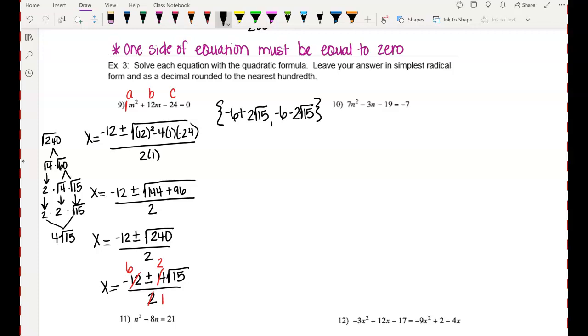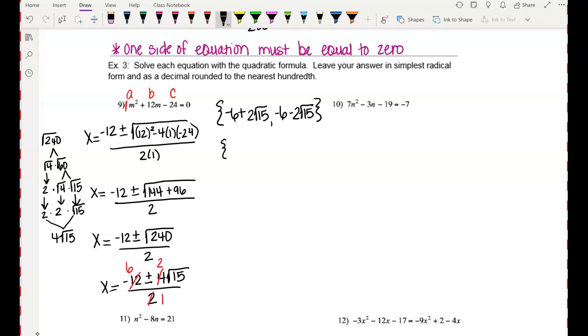I can't go any further with that because I can't subtract or add the -6 and the 2's. And now you could put that simplified form into your calculator and find your decimal value. If I enter -6 plus 2 radical 15 into my calculator, again, my calculator is in math mode, so I hit that fraction to decimal or standard to decimal.